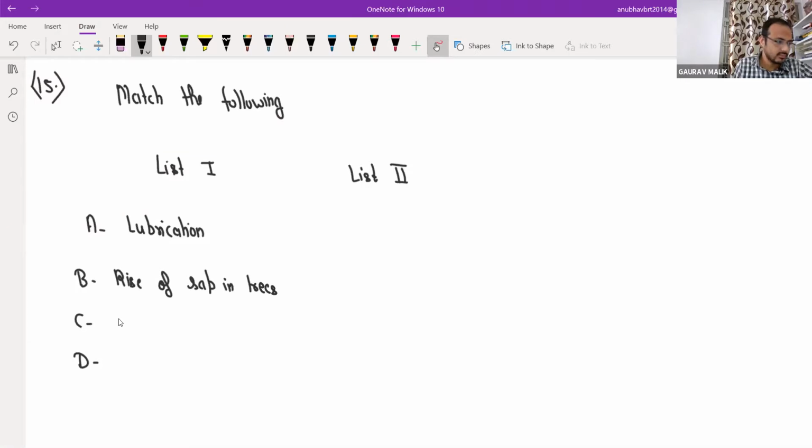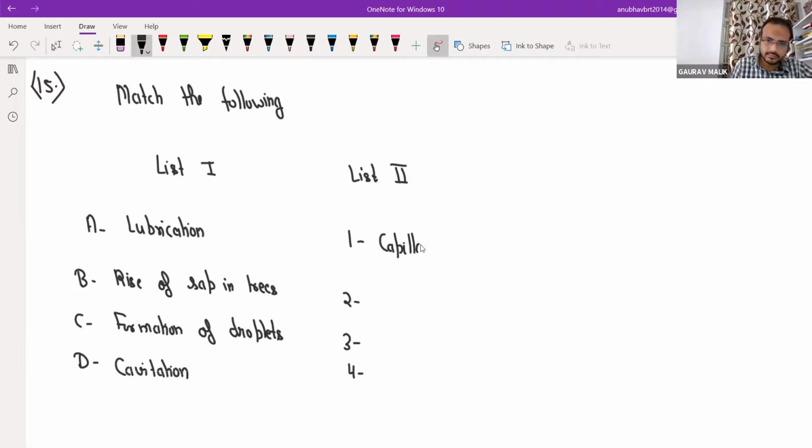Again a UPSC question; in such a manner, they cover each and every topic. 1, 2, 3, 4: capillary, vapor pressure, viscosity, and surface tension. A very simple question. Tell me the answer.